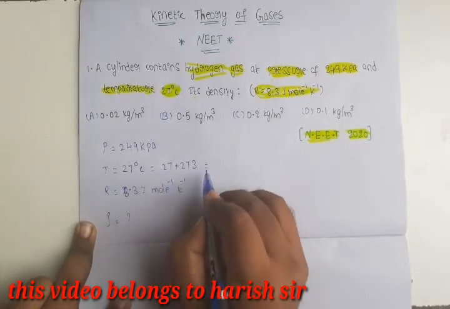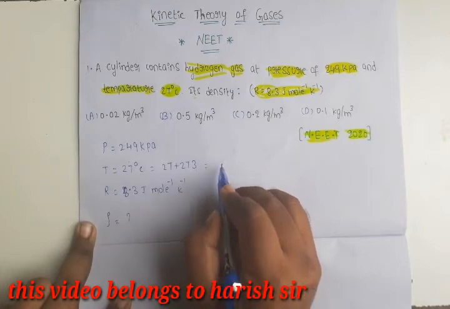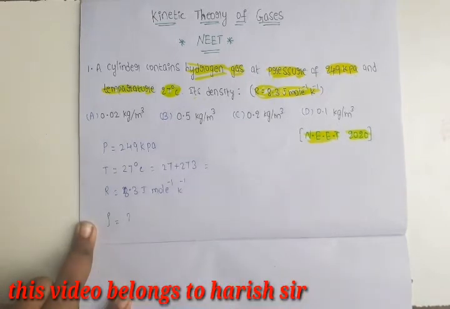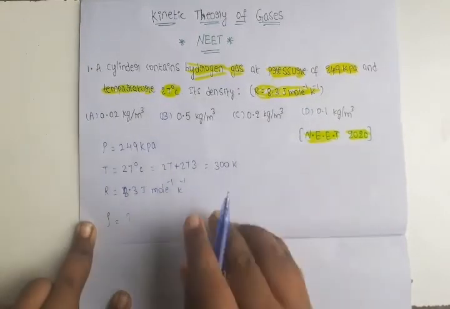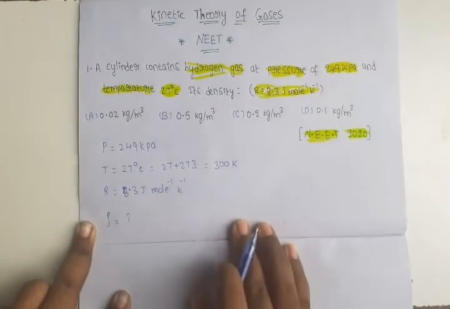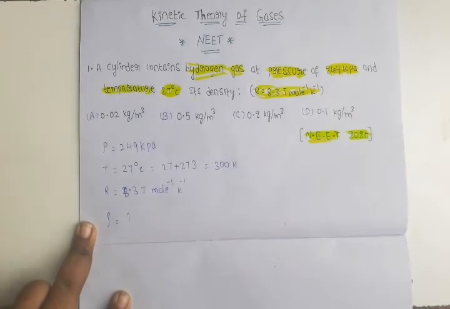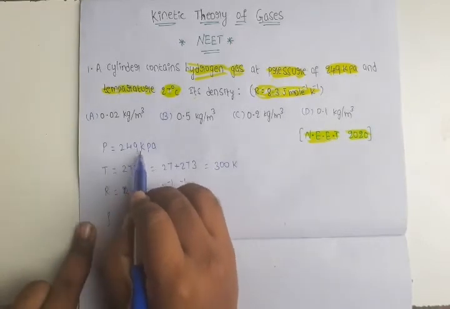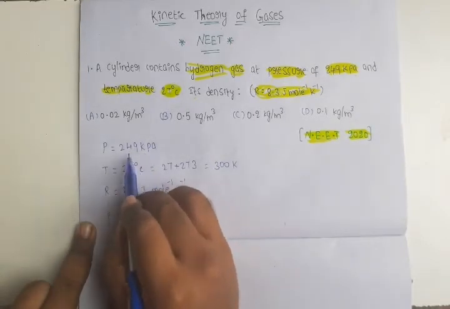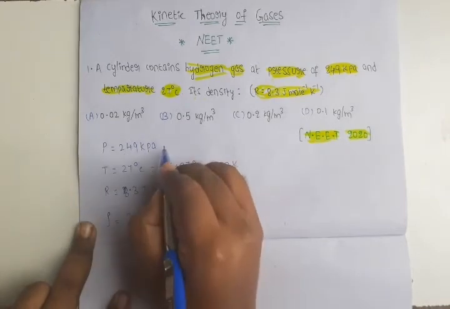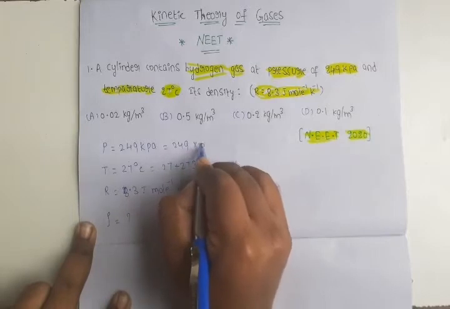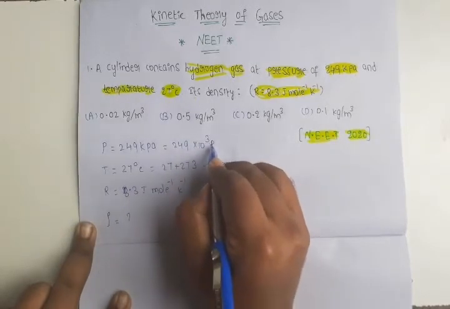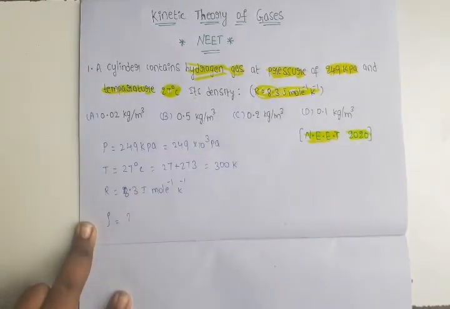So 27 plus 273 equal to 300 Kelvin. Okay. So pressure equal to 249 kPa, kilopascal. Actual units of the pressure is Pascal. So kilo equal to 10 to the power of 3 Pascal. Okay. These are the given data.